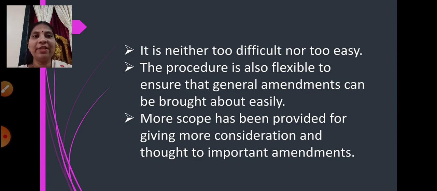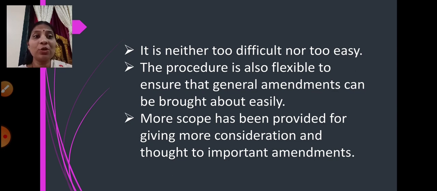Then an amendment was made according to the provision, and that age was reduced from 21 to 18 years. So that is one example about the amendment in the constitution.